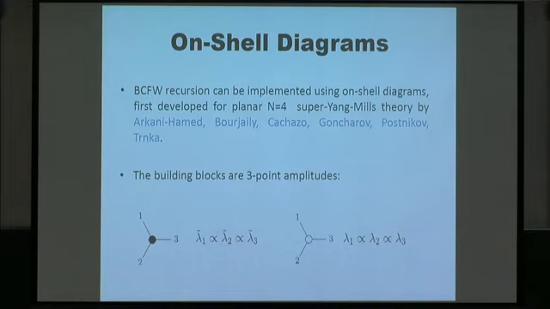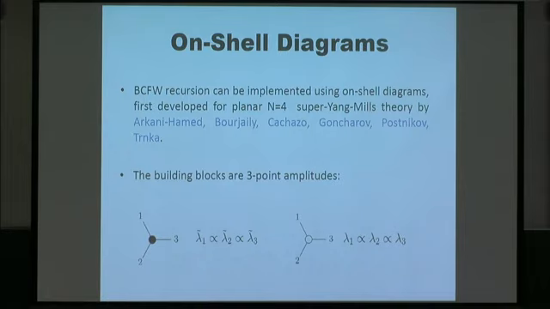And the building blocks for these on-shell diagrams are basically just 3-point vertices, which correspond to 3-point MHV and anti-MHV amplitudes. So this black vertex corresponds to the 3-point example of the MHV amplitude that I showed you on an earlier slide. And then you also have its complex conjugate, which is known as an MHV-bar amplitude.